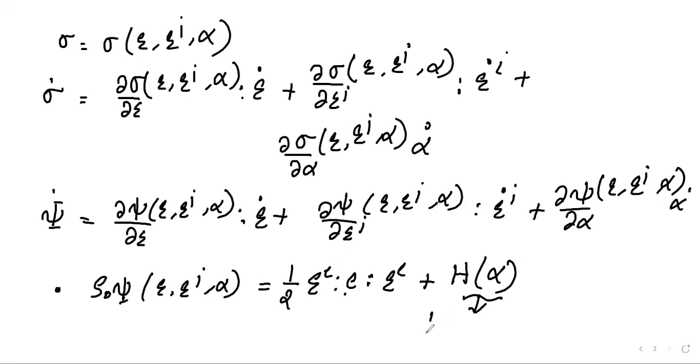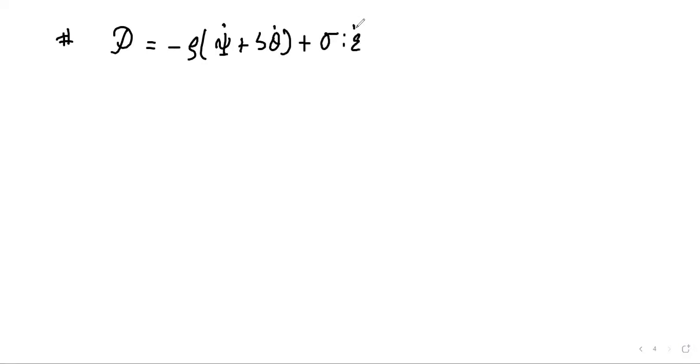We call it hardening potential. We have our dissipation inequality, D equals minus rho psi dot minus S theta dot plus sigma contracted with strain rate, greater than or equal to 0. As we are considering the isothermal case, theta dot would be 0.